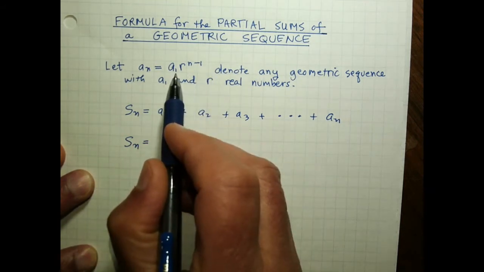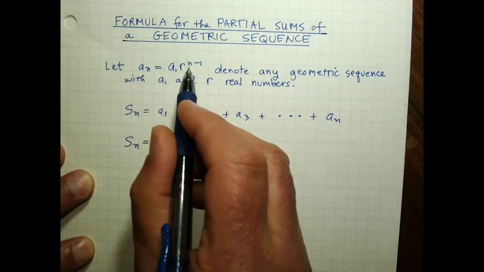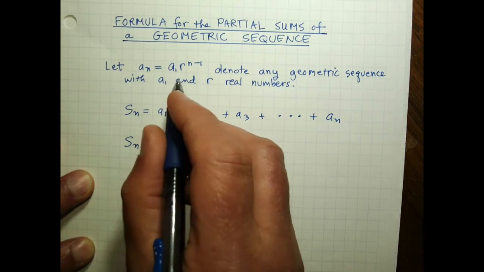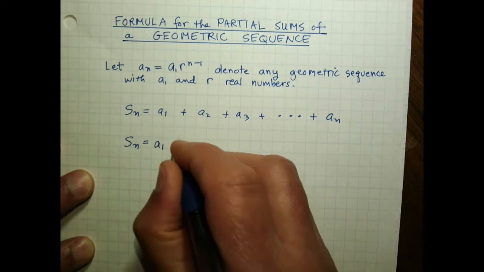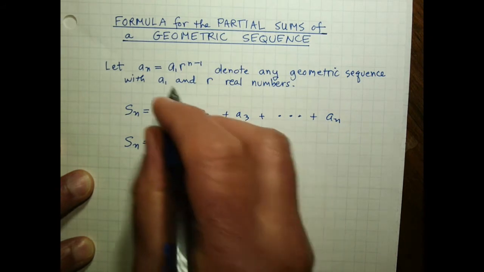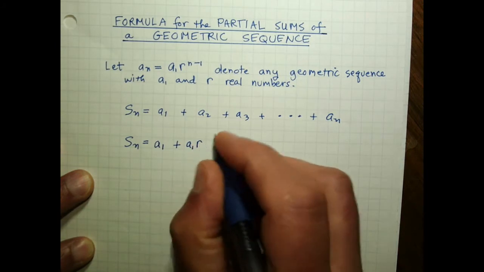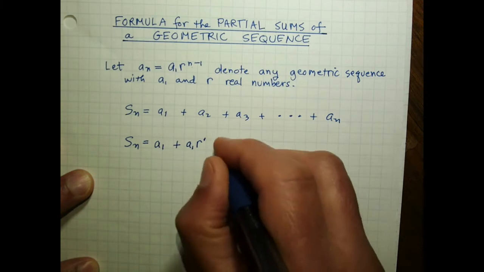I'm going to actually plug in now values of n. So when I plug in n equals 1, I get a1 times r to the 0, which is a1 times 1, just a1. When I plug in n equals 2, I get a1 times r to the 2 minus 1, which is r to the first power.